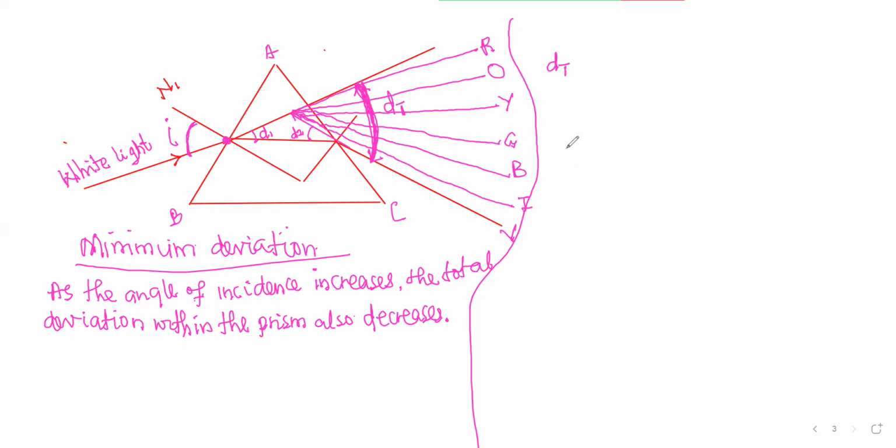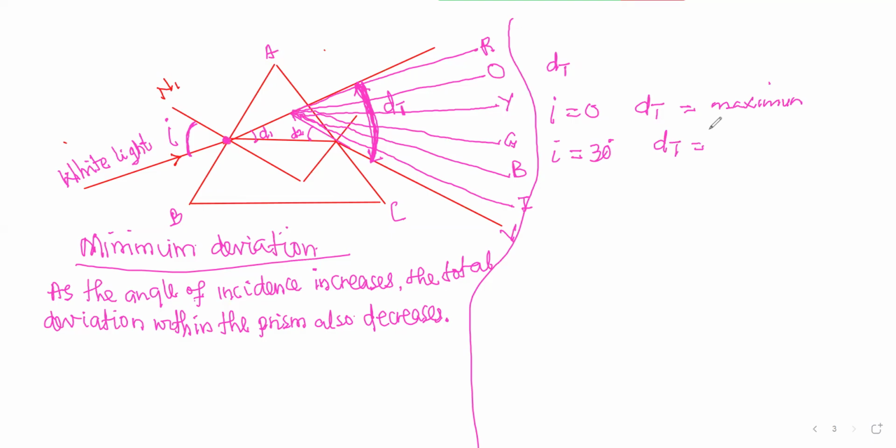Meaning, when I is equal to 0, D total will be at its maximum value. As we increase I to maybe 30, D would be decreasing.